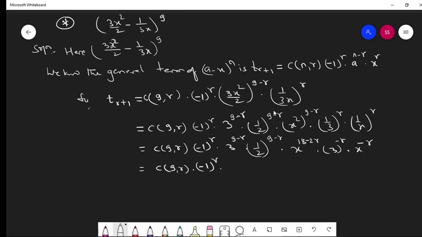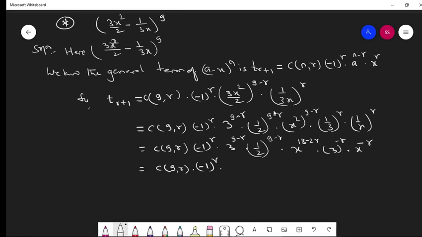You know the calculation of this. r equals 6. Therefore the required term equals C(9, 6) times 3 to the power 9 minus 2 times 6, times (1/2) to the power 9 minus 6.